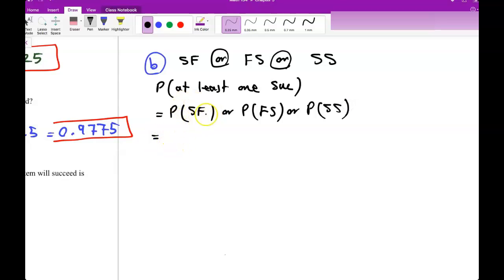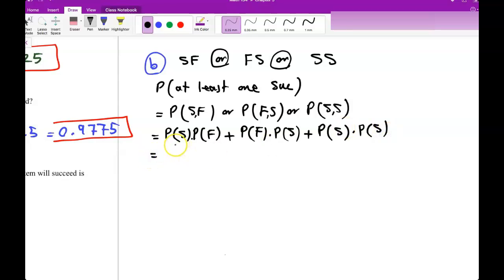Let's use a comma in between, and that comma means I used "and" in between. When you have "and" in between, you should multiply. So this is the probability of success multiplied by the probability of fail. Here is "or", so you add the probability of fail multiplied by the probability of success. Here is "or", so you should add. Here same thing, probability of success multiplied by probability of success.